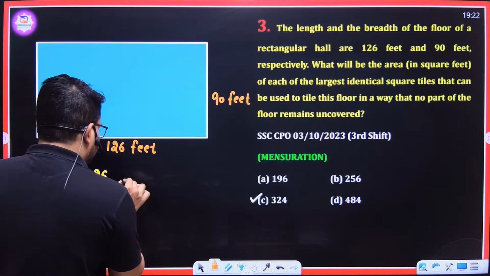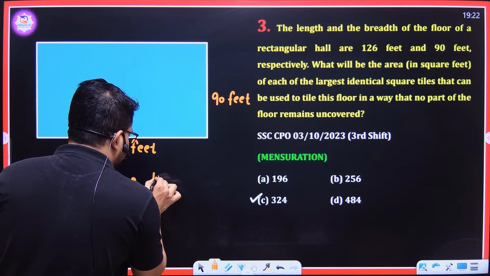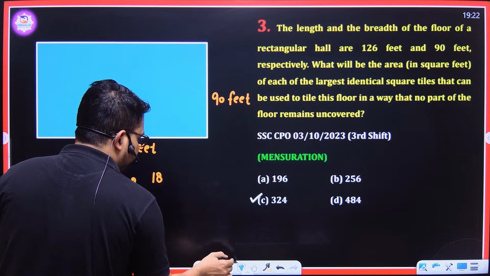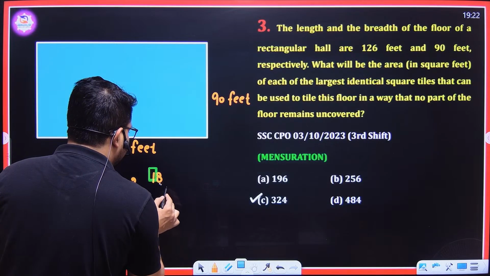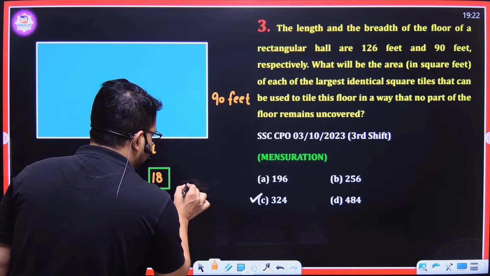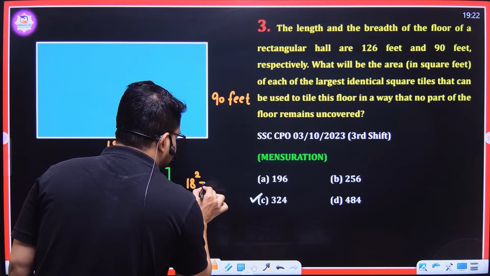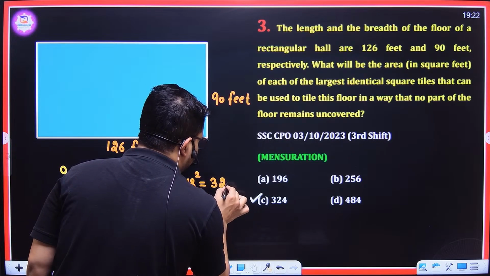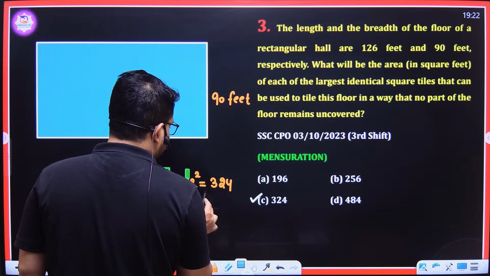So we have 18, which is the side of that square. The HCF is 18, and the area is 18 square, that is 324. That is our answer.